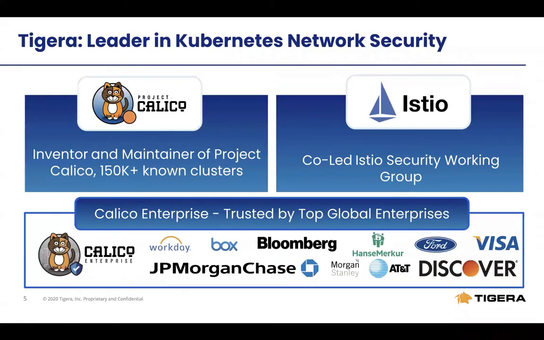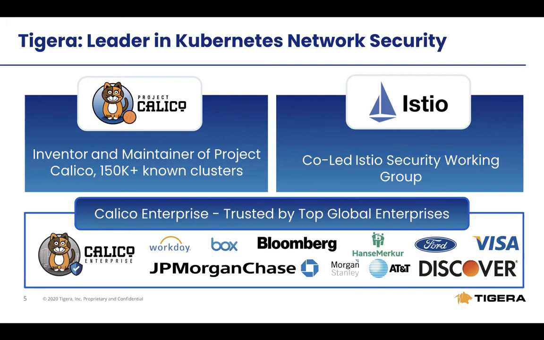Now let's switch and talk about Tigera as a company. Tigera is the company behind Project Calico. We're the inventors and maintainers of Project Calico, and also co-led some of the initial upstream collaborations to create Istio as well. And we have a product line solution called Calico Enterprise that is trusted by top Fortune 500 companies and enterprises out there.